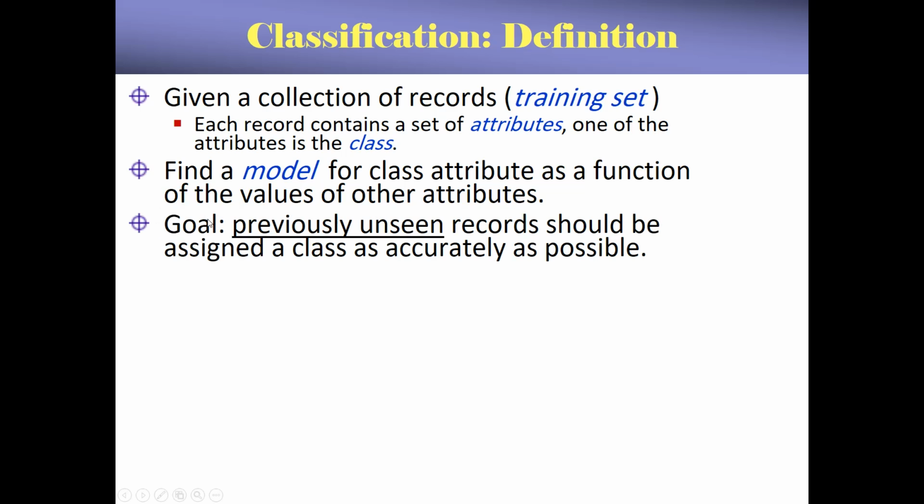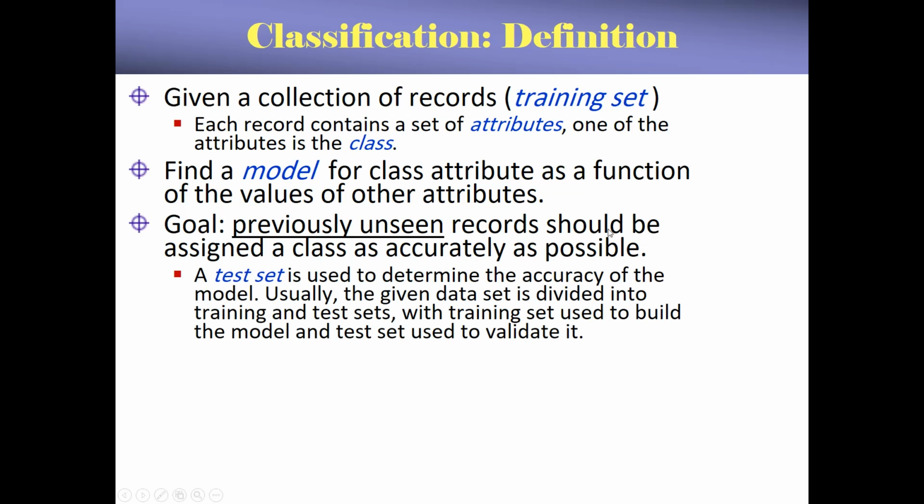So the goal is that previously unseen records should be assigned a class as accurately as possible. This is basically what classification is about. And a test set is used to determine the accuracy of the model.